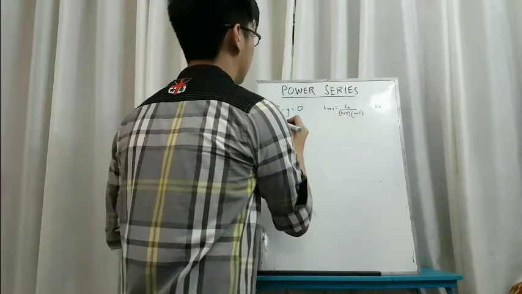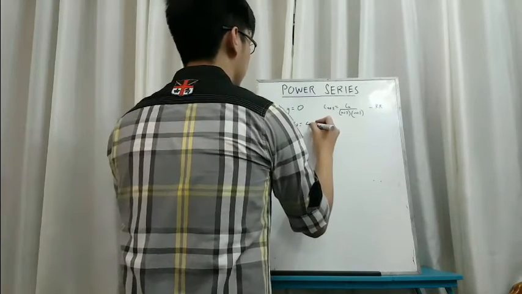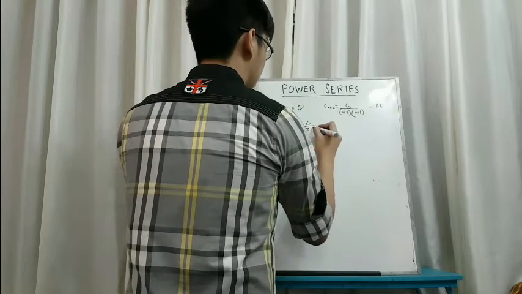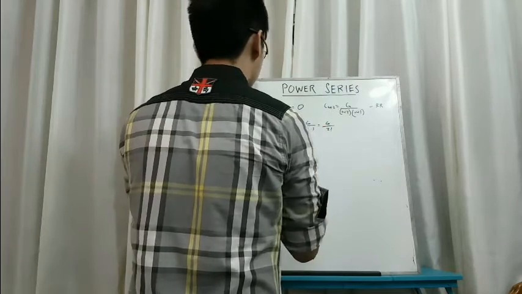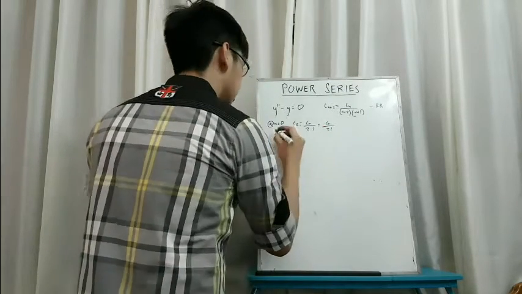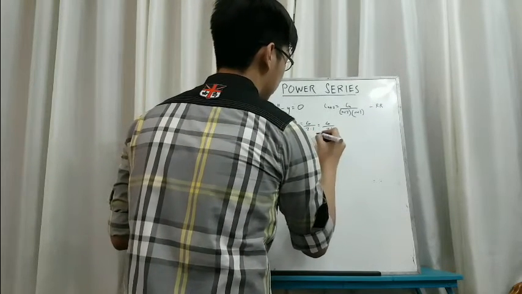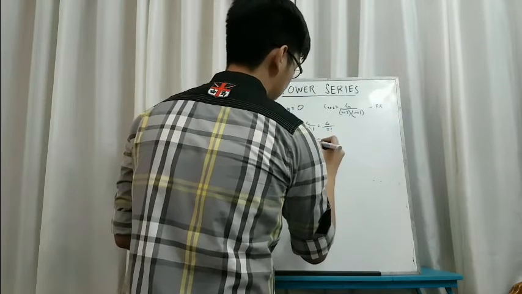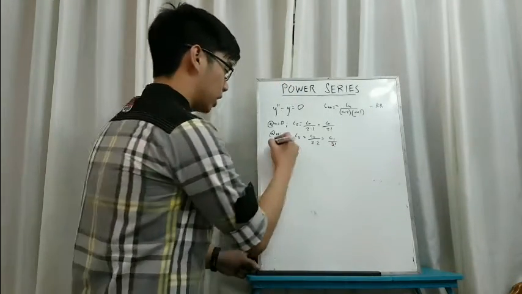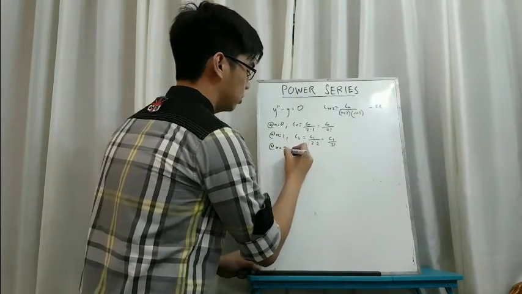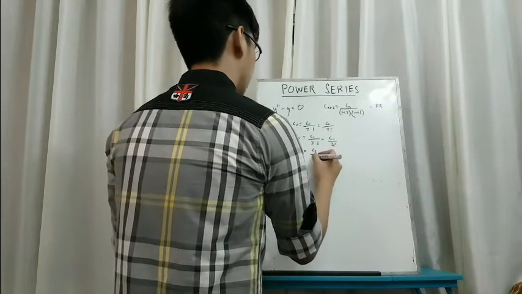At n is equal to 0, this is C2 is equal to C0 over 2 times 1. So this would be C0 over 2 factorial, and at n is equal to 1, C3 is equal to C1 over 3 times 2, or C1 over 3 factorial, and at n is equal to 2, this would be C4 equal to C2 over 4 times 3.